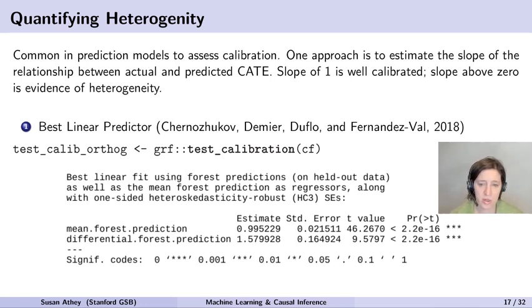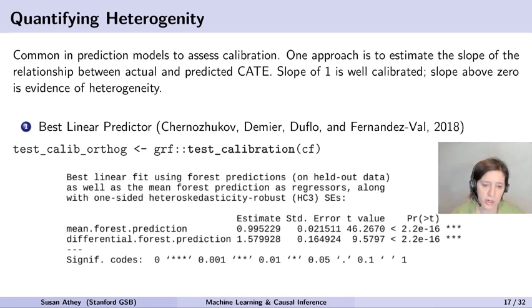Here we're running a regression, a best linear fit using the forest predictions on held-out data. For each observation, we look at a transformed outcome that represents treatment effects on the left-hand side, actual treatment effects in the held-out data, and on the right-hand side we have the CATE.